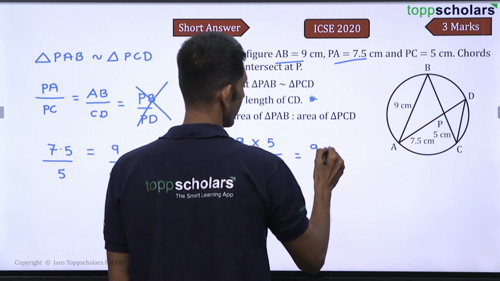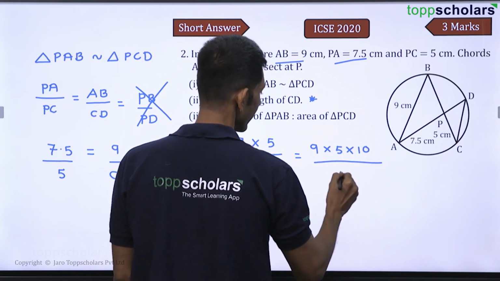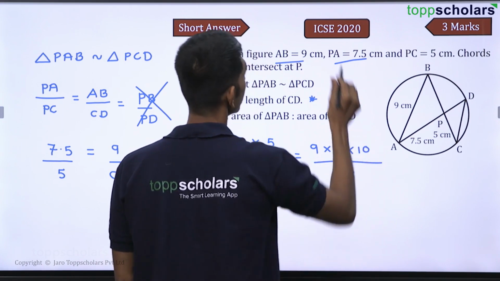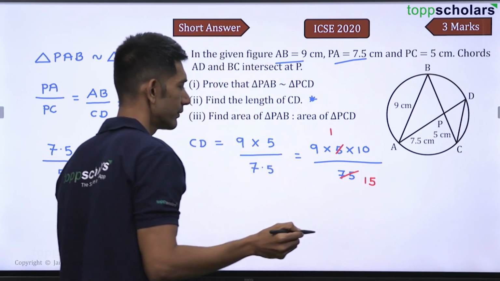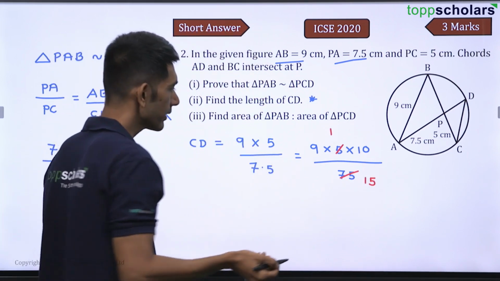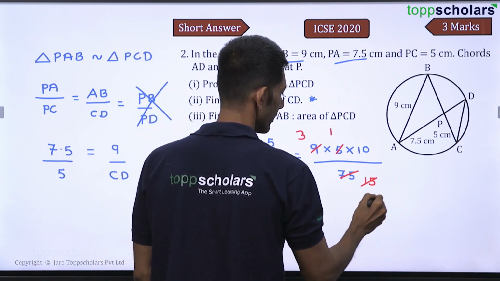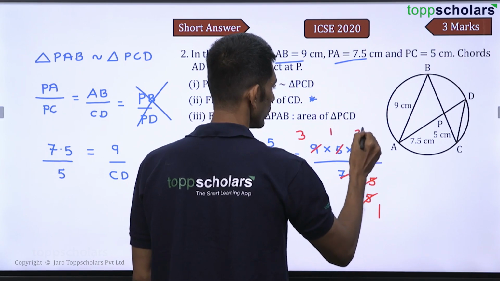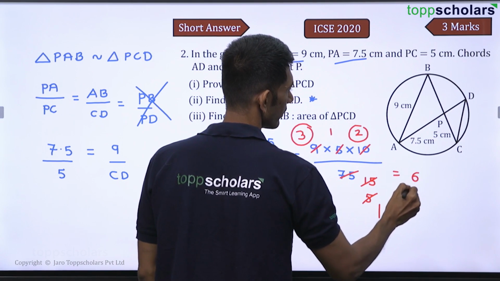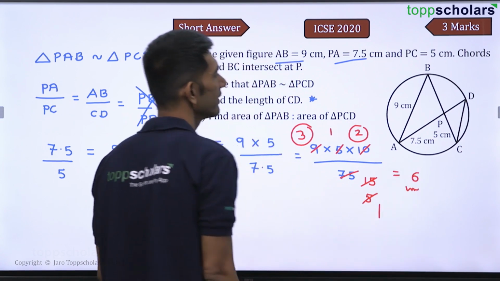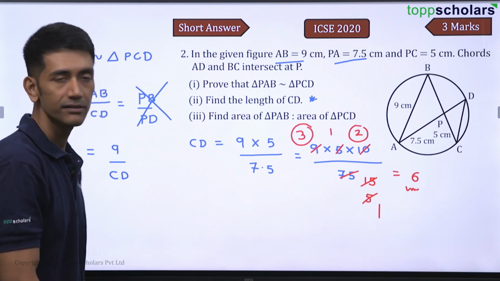So you get 9 into 5 into 10 by 75. 5 ones are 5, 15s are 75, correct? 3 3s are 9, 3 5s are 15, 5 1s are 5, 5 2s are 10, and 2 into 3 is 6. So we can say that the length of CD is 6.